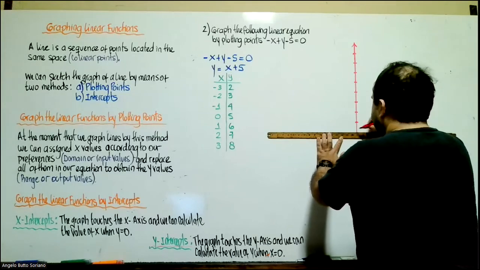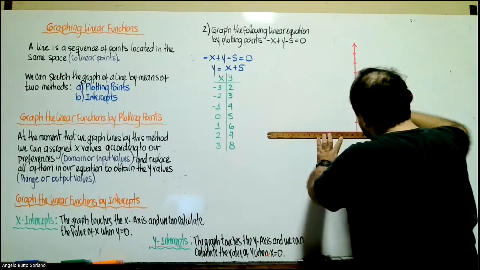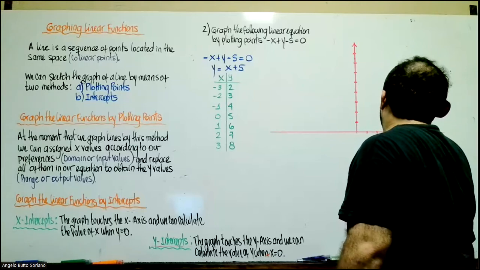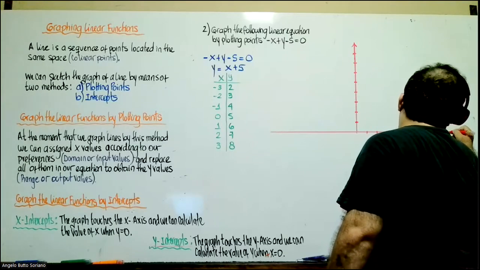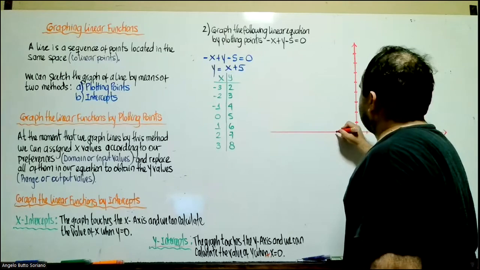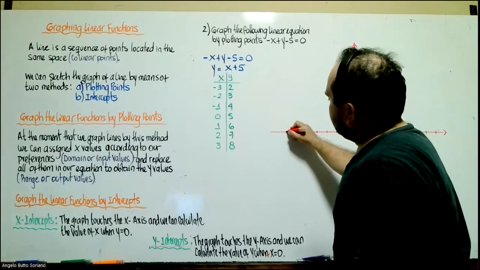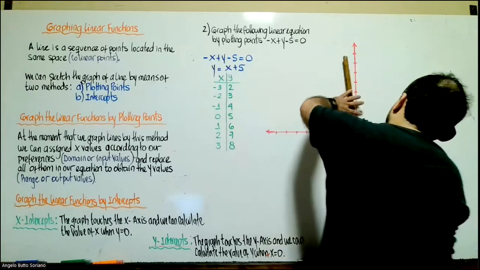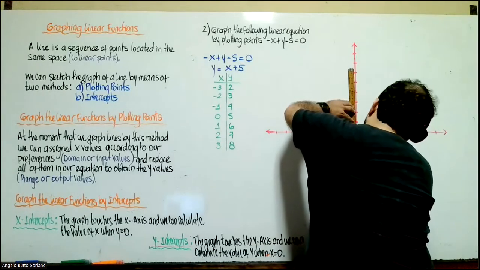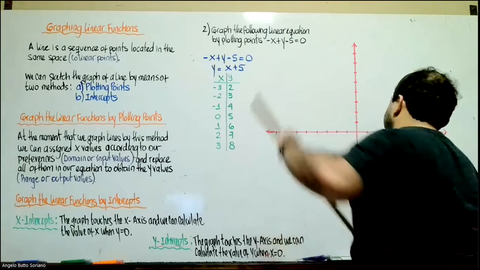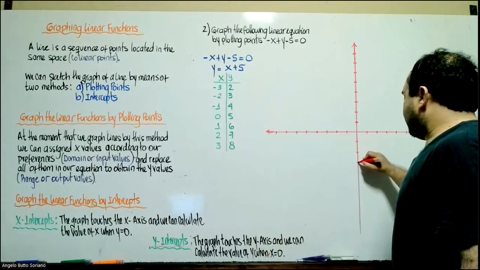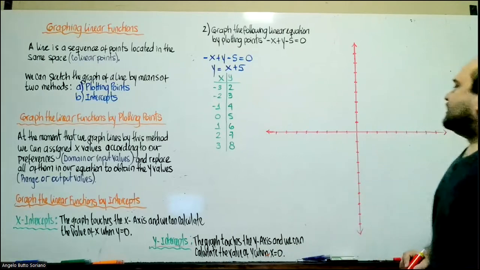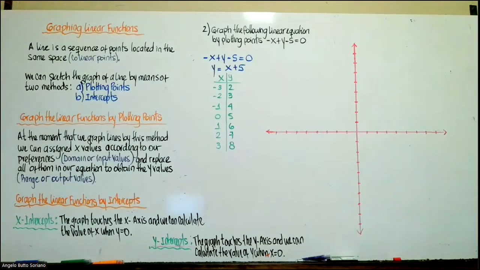This is y. Same thing with the letter x: 1, 2, 3, 4, 5, 6, 7, 8, 9, and the same with the negative y-axis: 1, 2, 3, 4, 5, 6, 7, 8, 9, and 10. Excellent. We have the full coordinate plane.